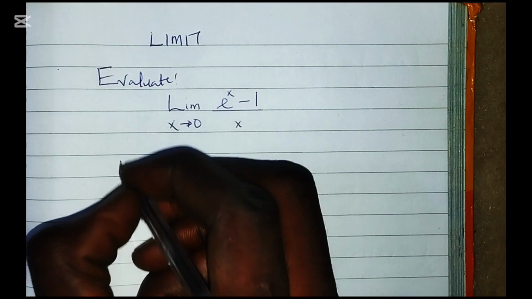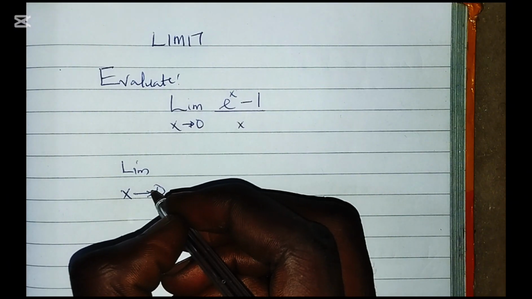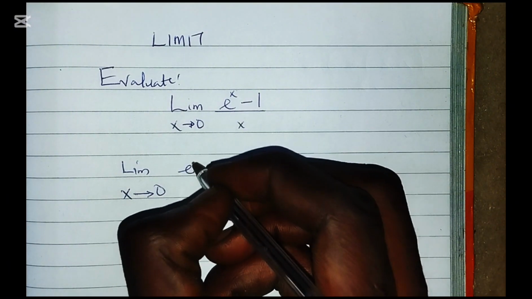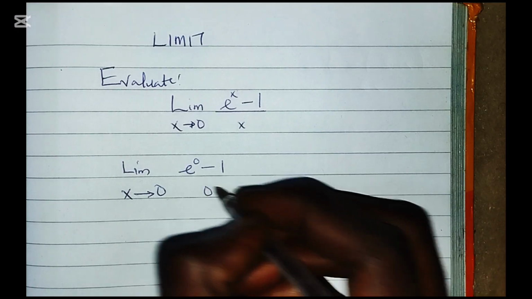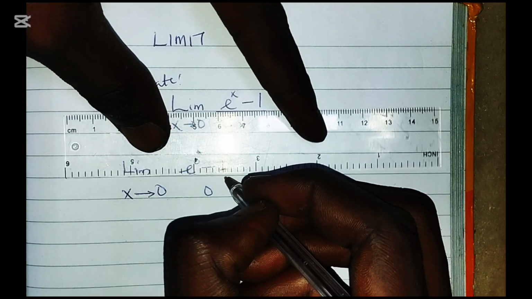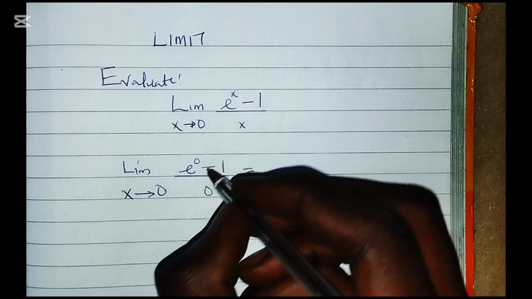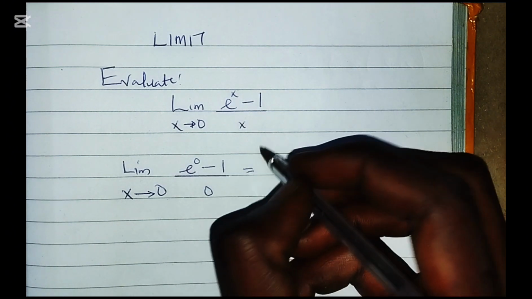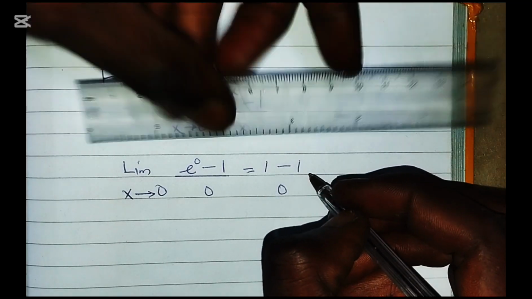So the limit as x tends to 0 of e to the power of 0 minus 1, all over 0. What we know for sure is that any value raised to the power of 0 is 1, so we have 1 minus 1 over 0.